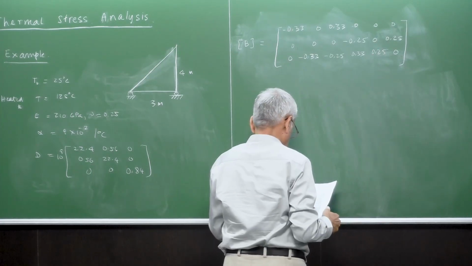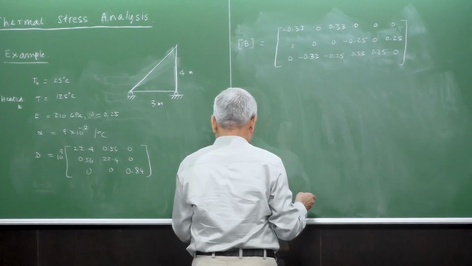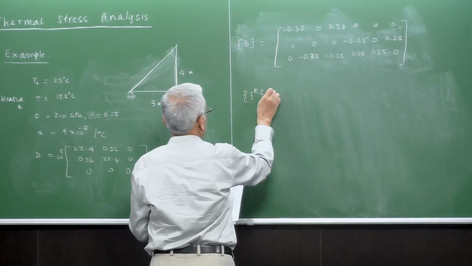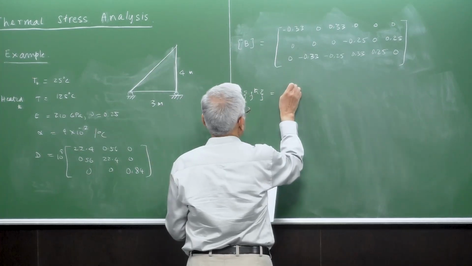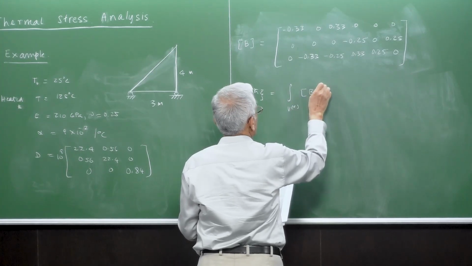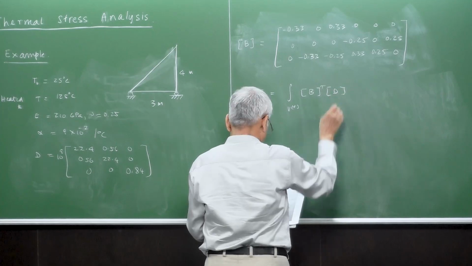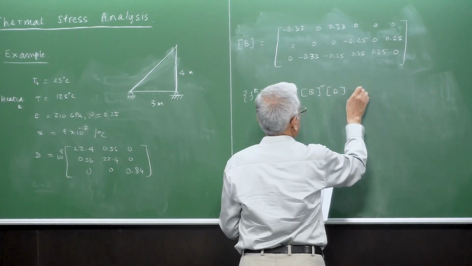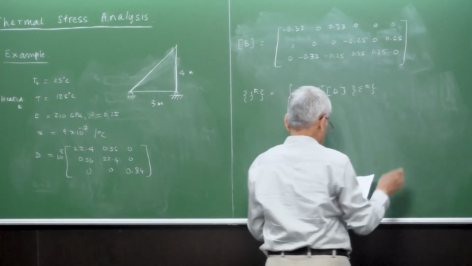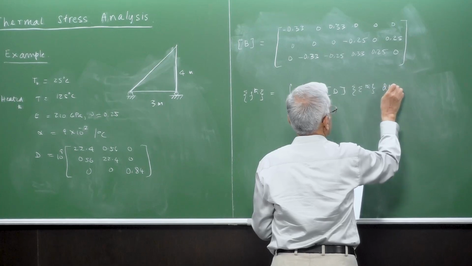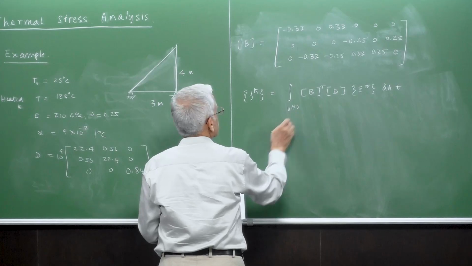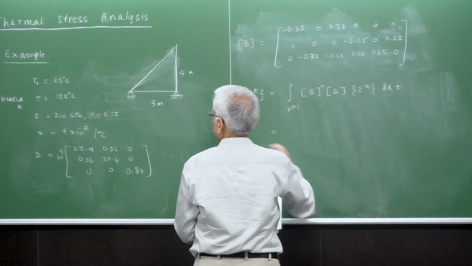That was B, and when we calculate F thermal, it is B transpose D and epsilon thermal. So substituting this B and D and epsilon thermal here.